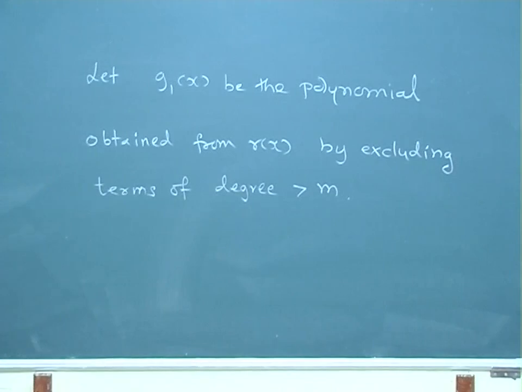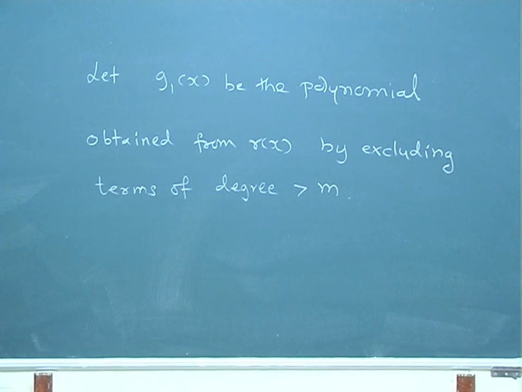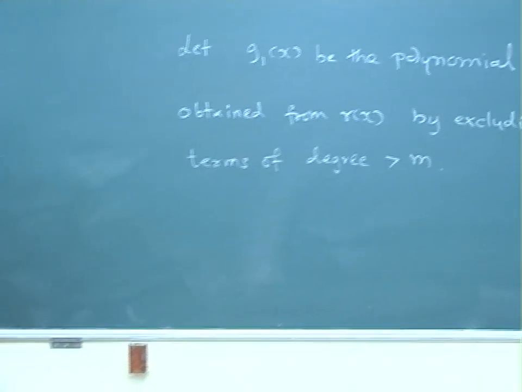Okay, degree m plus 1, degree m plus 2, if at all they are there, just remove them. These terms have coefficients divisible by p, because m is the largest such that the coefficient of x raised to m is not divisible by p.